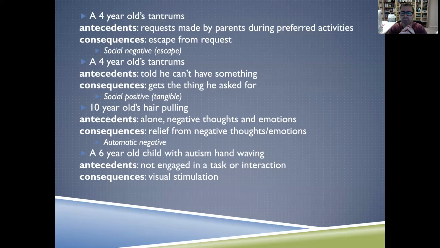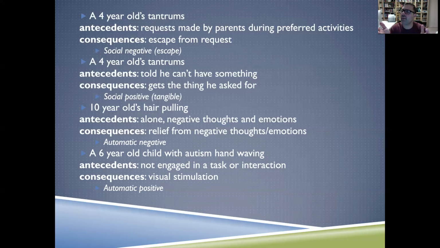A 6-year-old with autism waves her hand. Again, the consequence is visual stimulation. So the child might just do something with her hand, and that produces visual stimulation. Now remember, the consequence here is an automatic reinforcer. So there is nothing happening in the environment. The child waves her hand, and now she gets this visual stimulation.